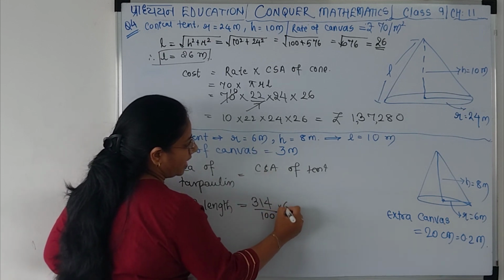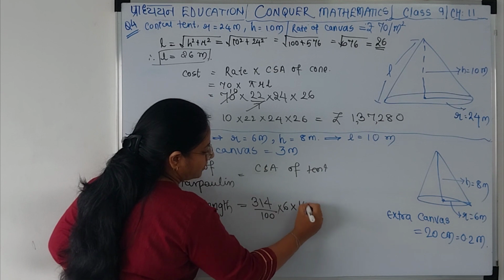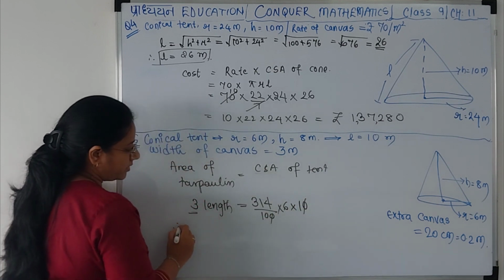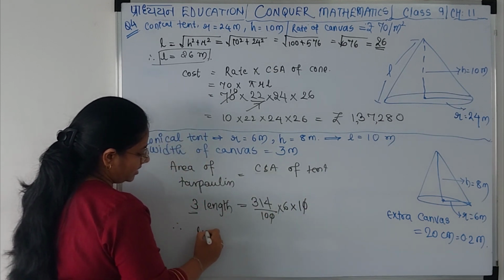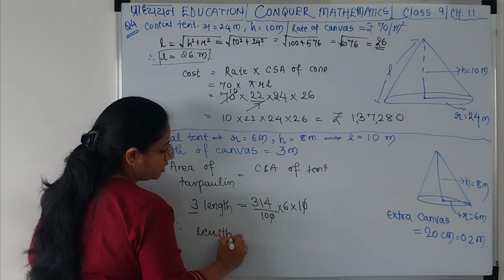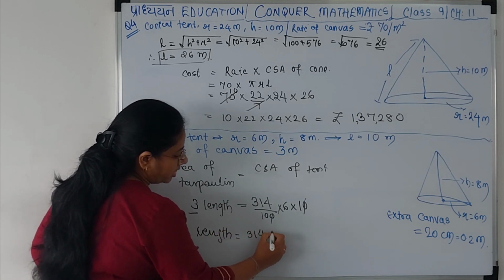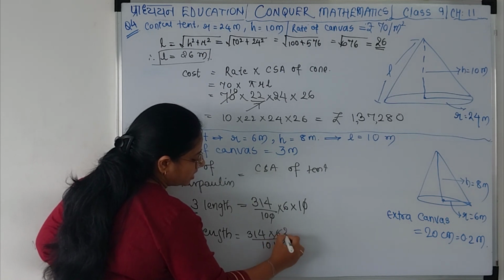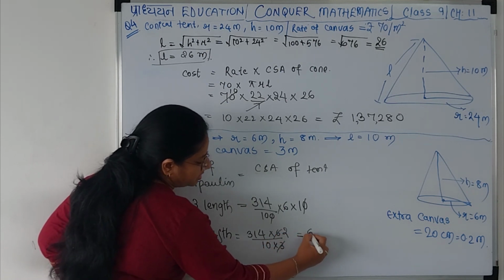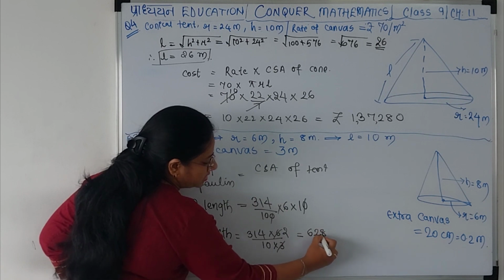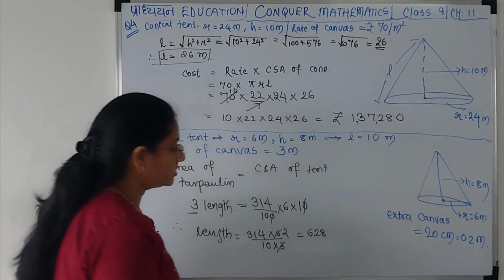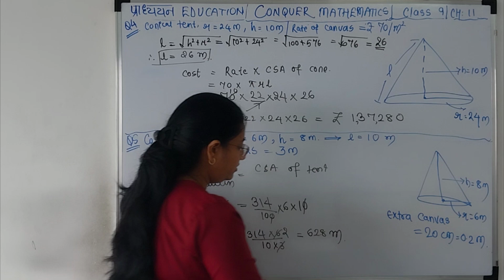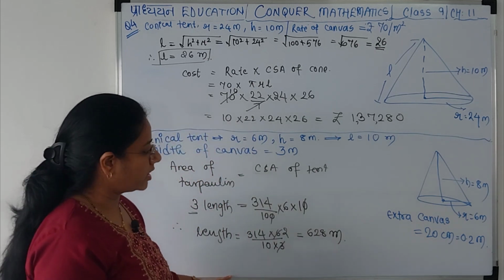Radius is 6 and slant height is 10. We cancel the zeros and we get length is equal to 314 into 6 upon 10 into 3. So 3 ones are 3, 3 twos are 6. This is nothing but 628 upon 10, so 62.8 meters. Meters, sorry, not meters square. We are simply finding the length of the cloth required.